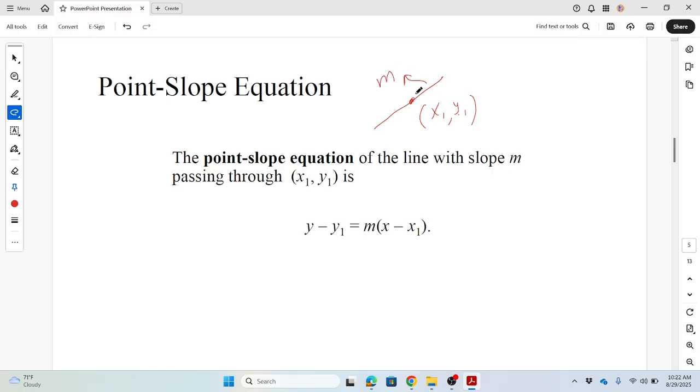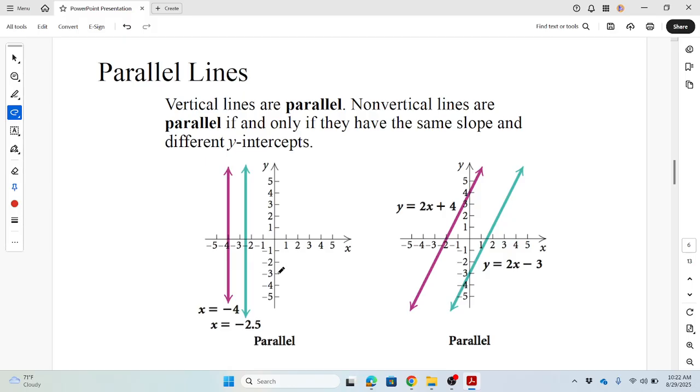Then you can write the equation of that line in point slope form. This is the formula: y minus y1 equal m times x minus x1.